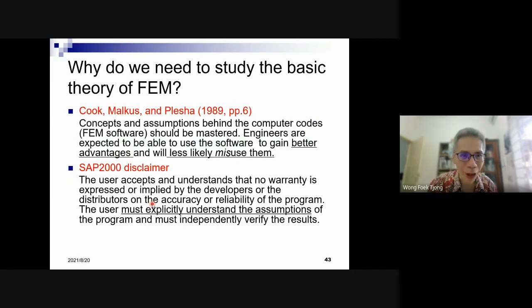So there are already many software packages available in the market. The question is, why do we need to study the basic theory? Why do we need to study the finite element method? Why not just buy the software and then relax, learn to use it, and then use it? That's the question, right?